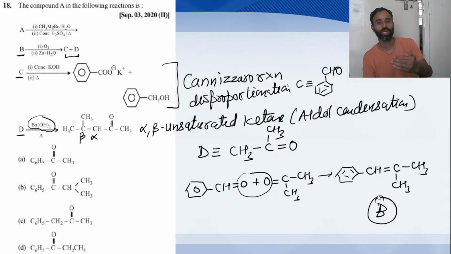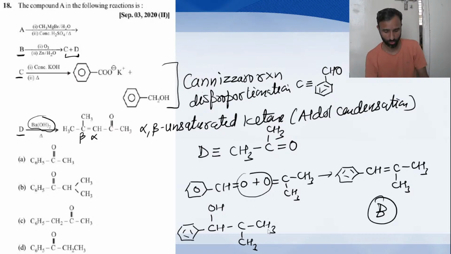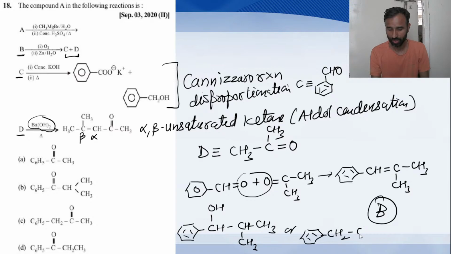So now ultimately we need A. This B is formed when the alcohol is heated with concentrated sulfuric acid, that means dehydration. So let us say C6H5 CH2 C OH CH3 CH3.